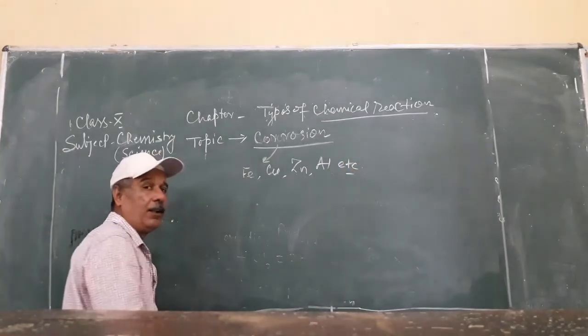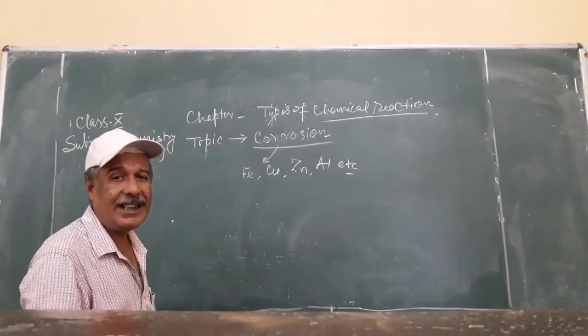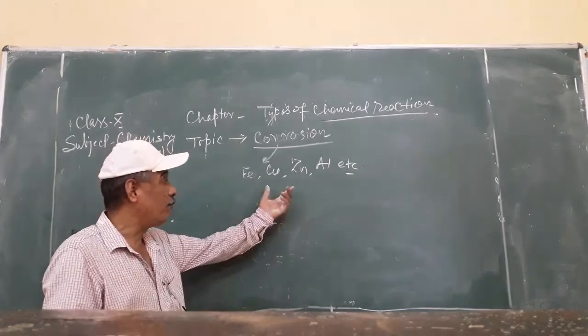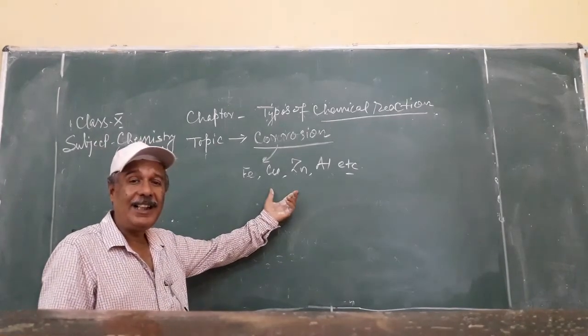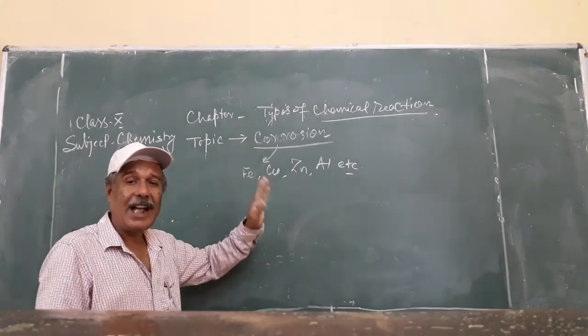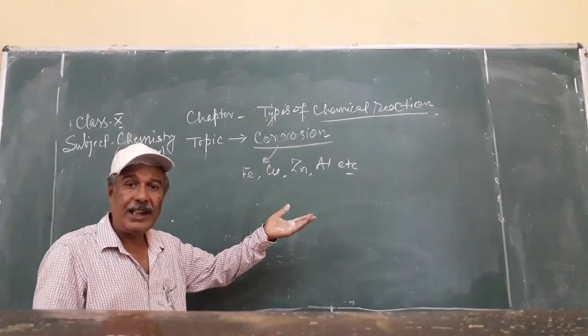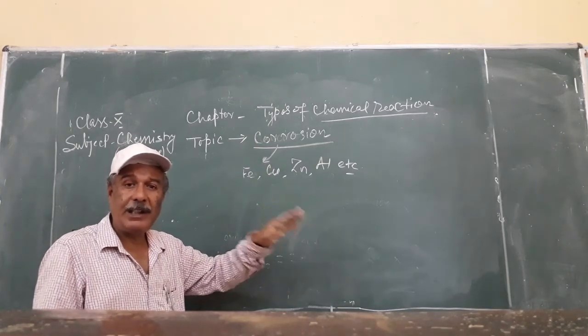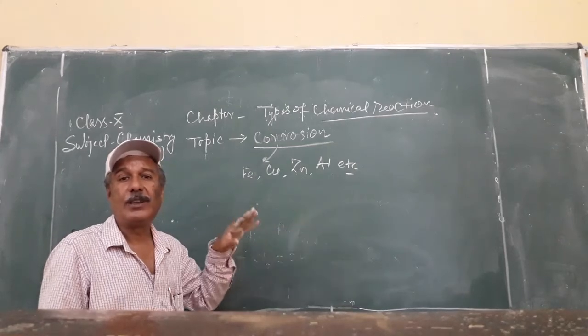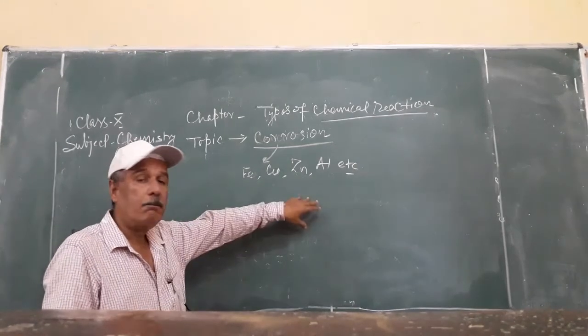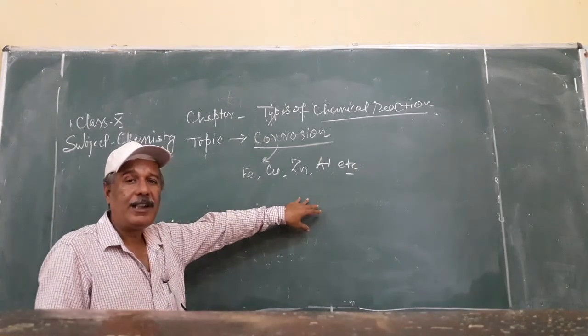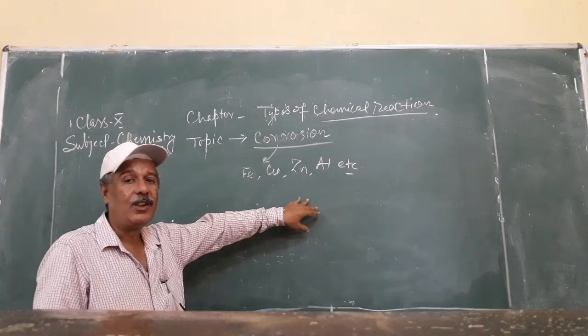From the examples, students, you can see what type of metals they are. They are metals having neither extremely high reactivity nor extremely low reactivity. So they are from the middle of the reactivity series.